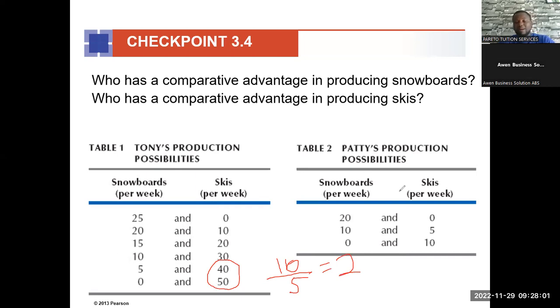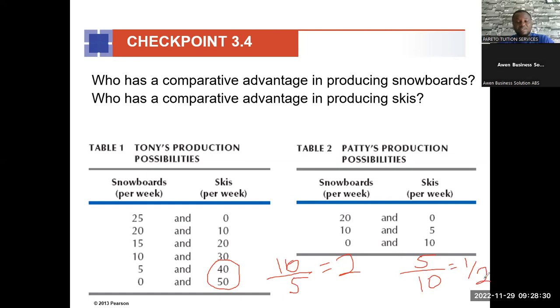Now let's go to party. For party, if he wants to increase production of snowballs, here we want to calculate the opportunity cost of producing snowballs. So here his increase will be 10, right? The decrease will be 10 to 5, which is 5. So decrease divided by increase. The snowballs will increase by 10 units, and then skies will decrease by 5. So here the opportunity cost will be half. Is that okay?